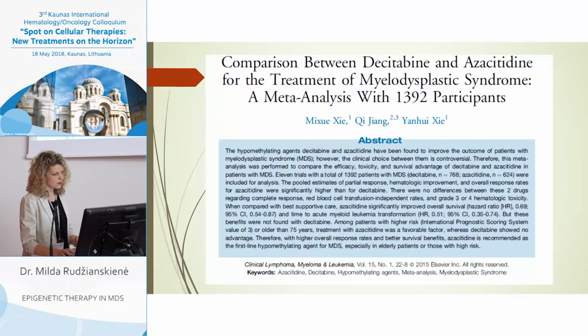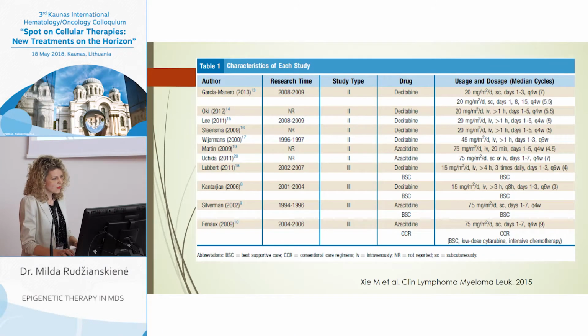Here, 3 years ago, a meta-analysis of 11 clinical trials was published comparing decitabine and azacitidine, with more than 1,300 patients. In these 11 trials, 7 clinical trials with decitabine were included and 4 with azacitidine.